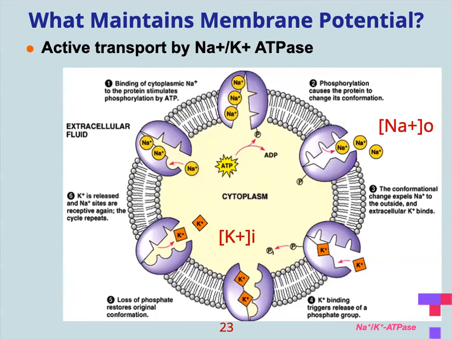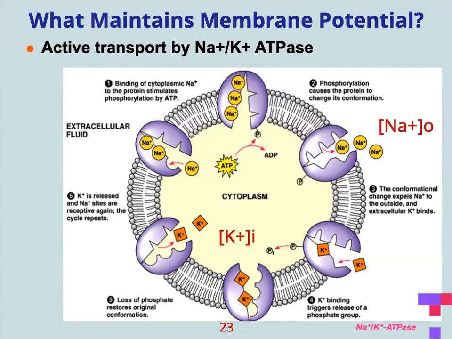This is where the sodium potassium pump enters the picture. This enzyme, called sodium potassium ATPase, or sodium potassium ATP pump, maintains the concentration difference of sodium and potassium across the membrane.